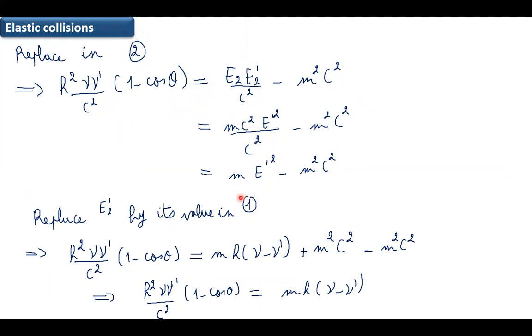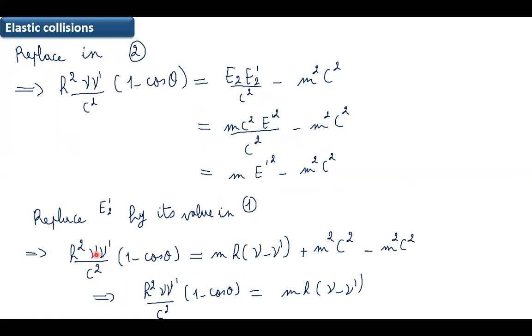So if you remember equation number 1, we found an expression for E prime 2. So let's replace E prime 2 by its value that was found in equation 1.